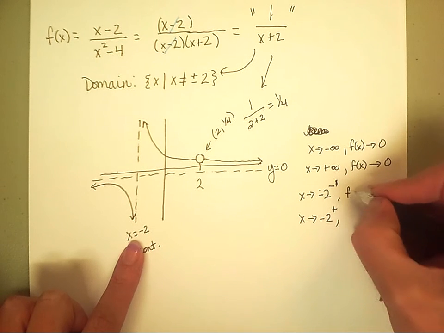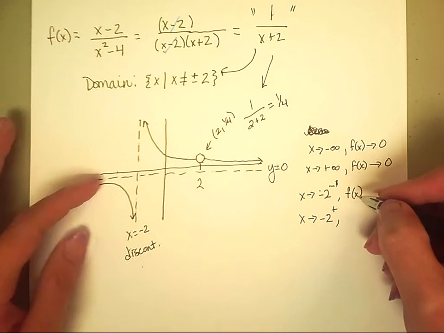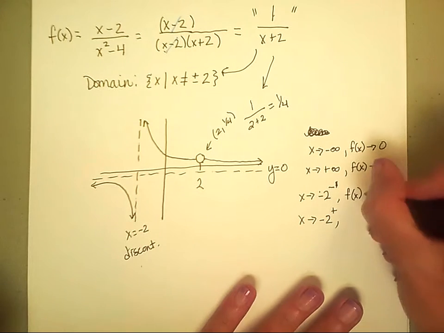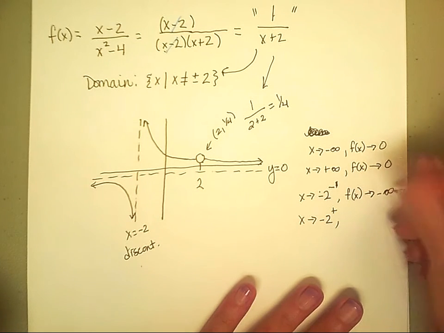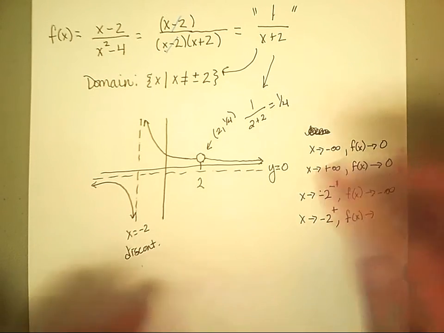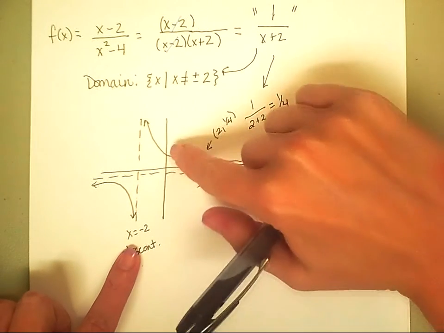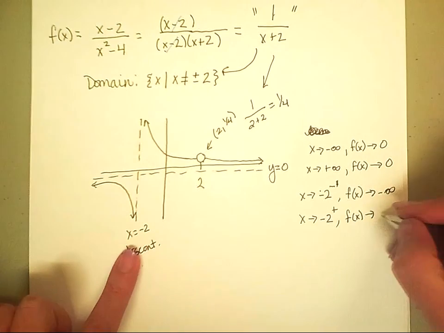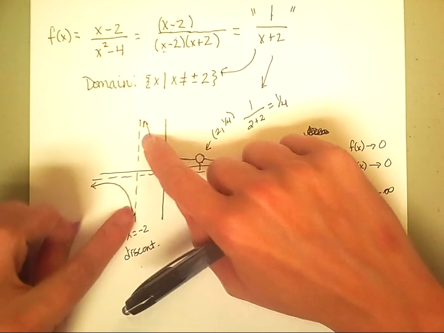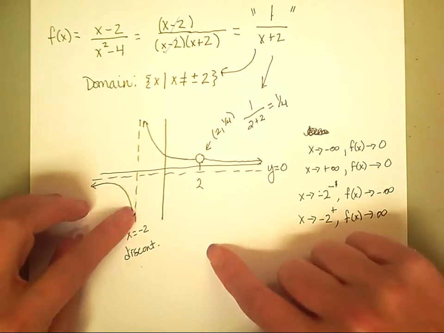Well, as x goes to negative 2 from the left, the function value is diving. So f of x is going to negative infinity. And as we go to negative 2 from the right-hand side, the function is going to positive infinity. So the graph behaves differently. It's heading in different directions.